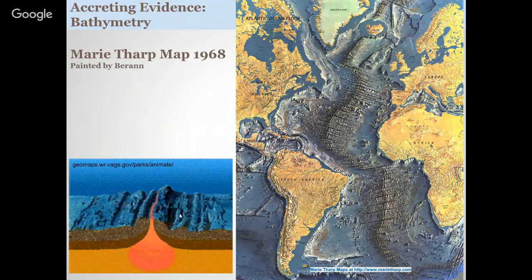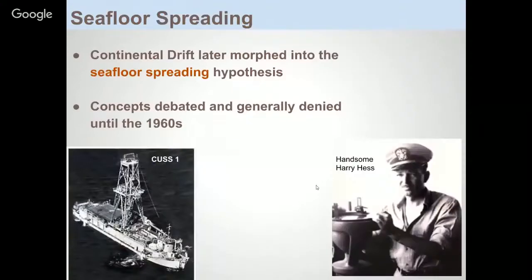And eventually, with the help of Harry Hess, we come to realize that these mountain ranges represented plate creation zones, where you're generating new oceanic floor along these mountain ranges. And it's like a conveyor belt of new ocean plate. And here is Harry Hess himself working on drilling rigs like the Cuss 1.